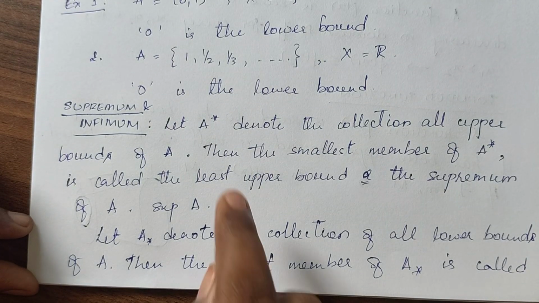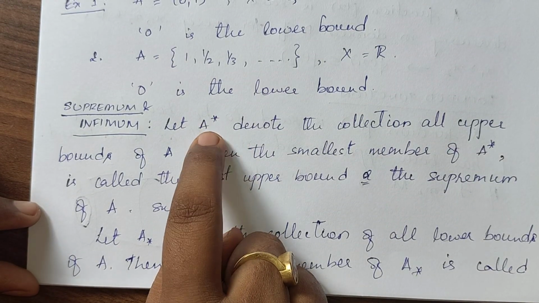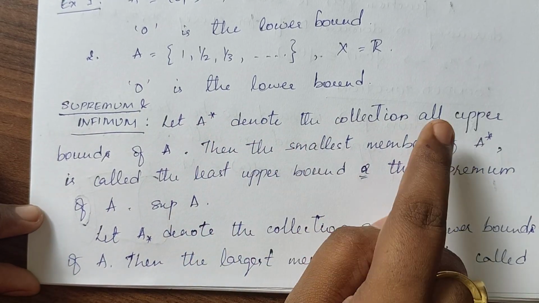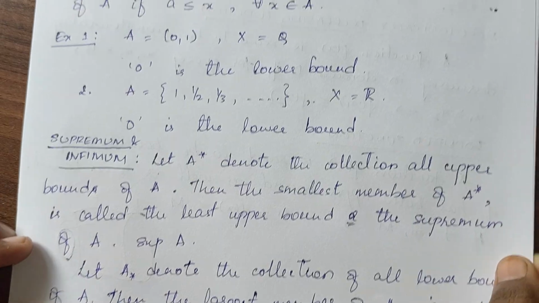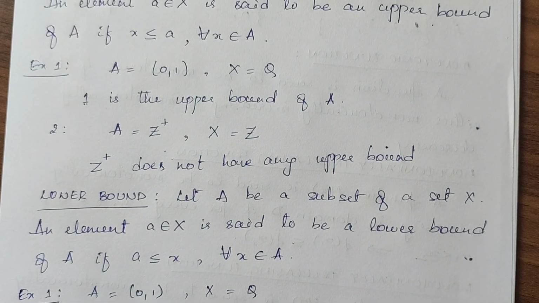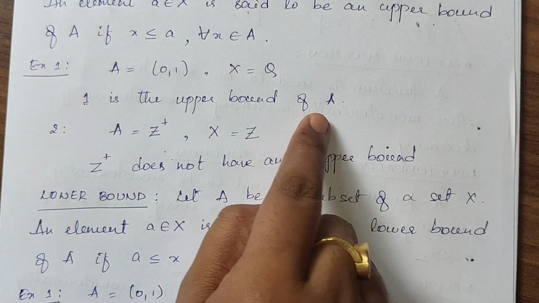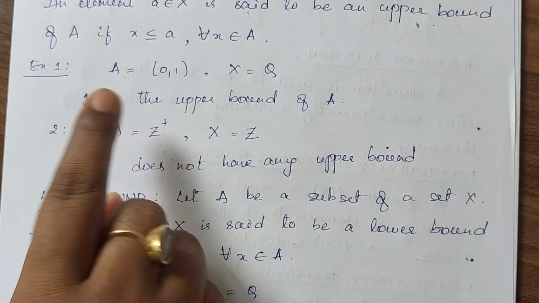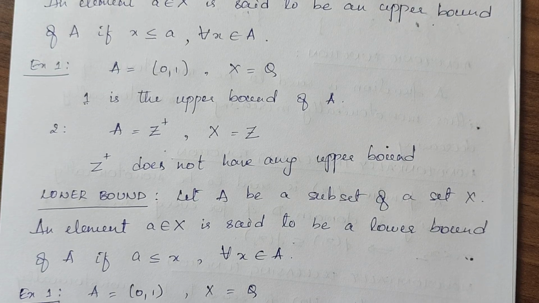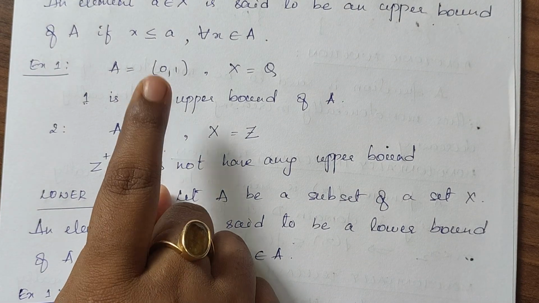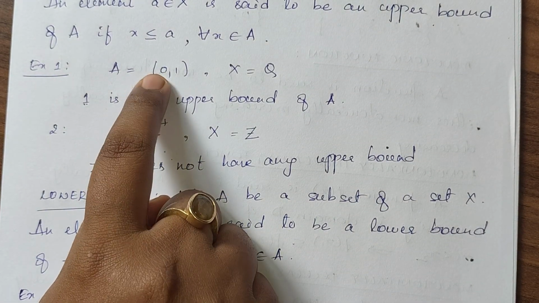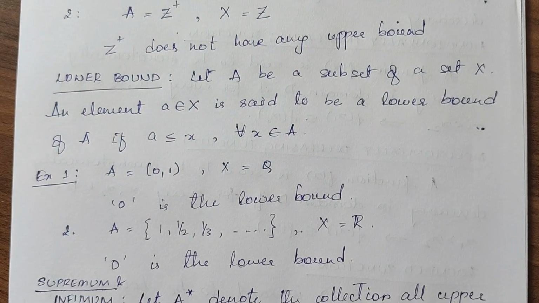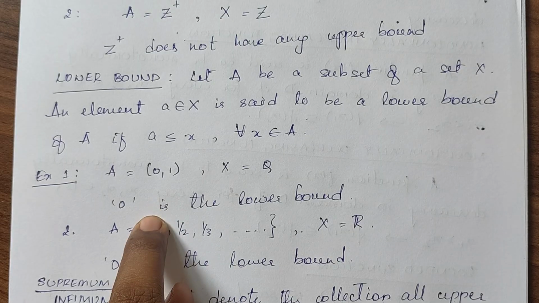See here, let A superscript star denote the collection of all upper bounds. 1 is an upper bound of A, and 2 is also an upper bound of A. 3, 4, 5 are all upper bounds of A. So there exist many upper bounds for the same set A. Similarly, for lower bounds also there exist many lower bounds.